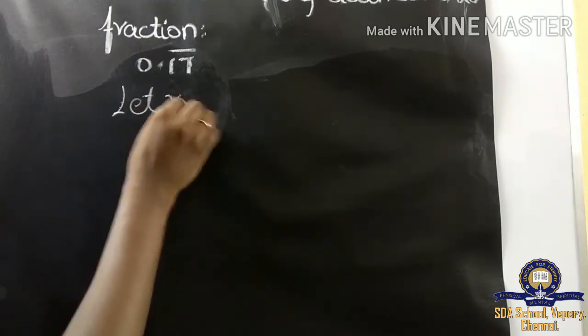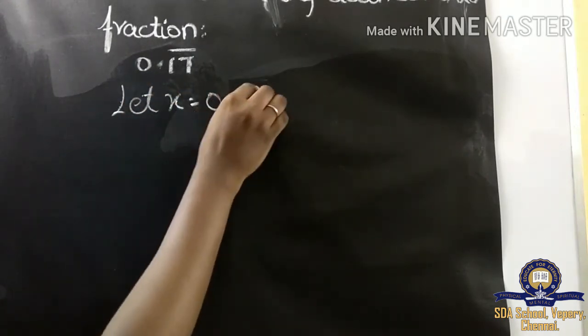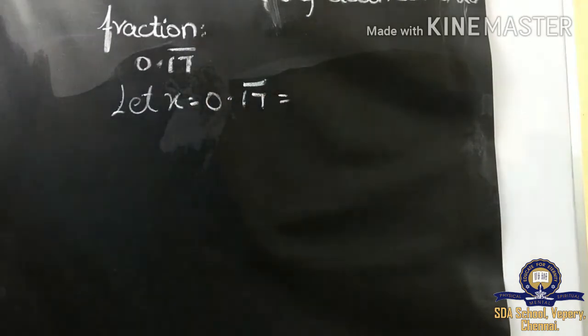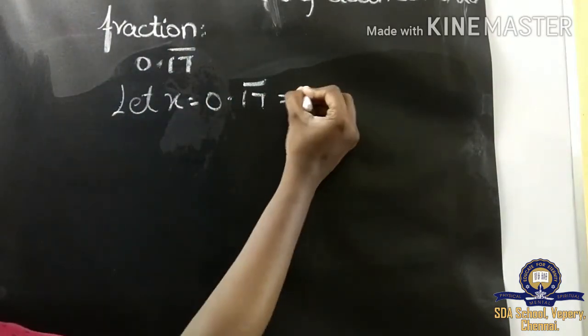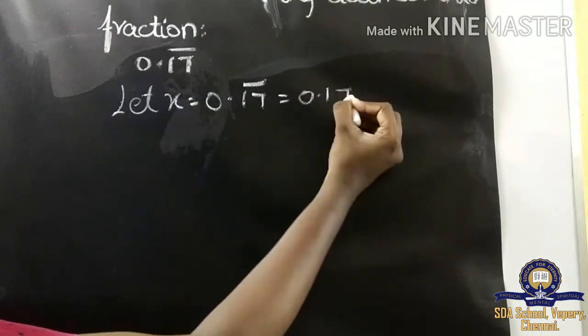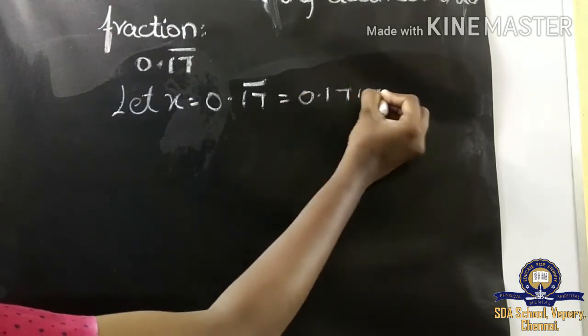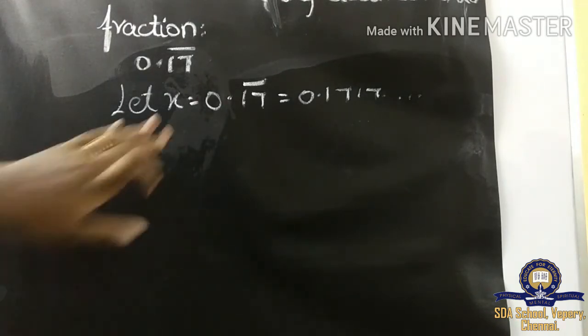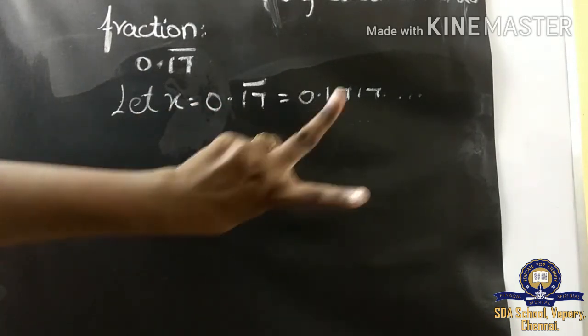Let x is equal to 0.17 bar. It indicates it's a recurring decimal, right? So we can write it as 0.1717 and so on. Here you can see that after the decimal point there are 2 digits, right?